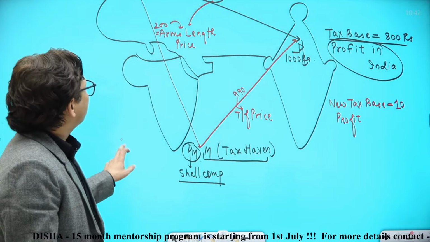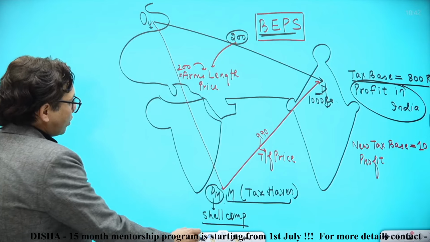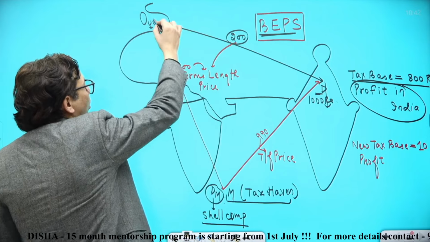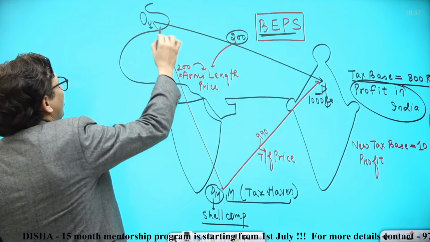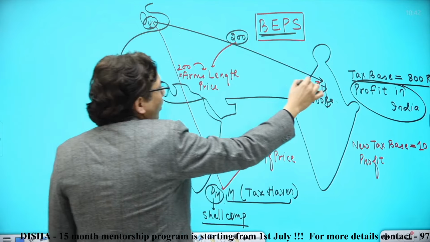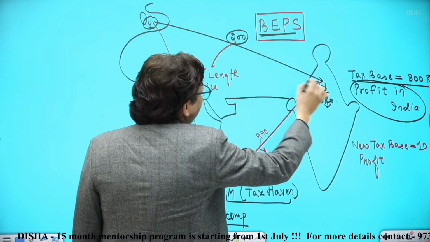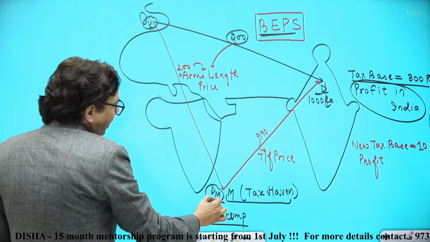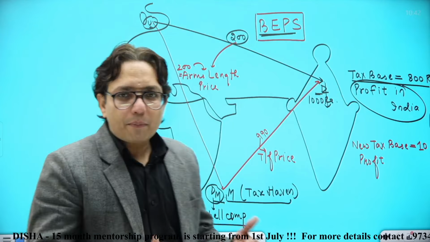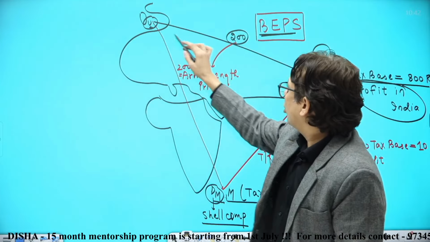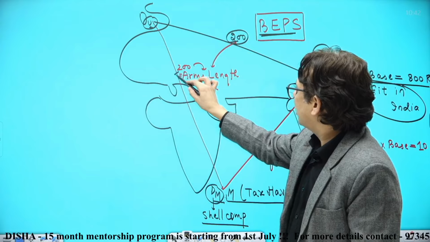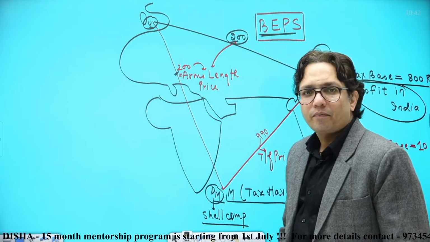And it imports the same pen to this company DM first. Obviously, U doesn't have any relation with D, and it doesn't have any relation with DM. So whether DM imports from U or D imports from U, U is going to charge the same price, right?